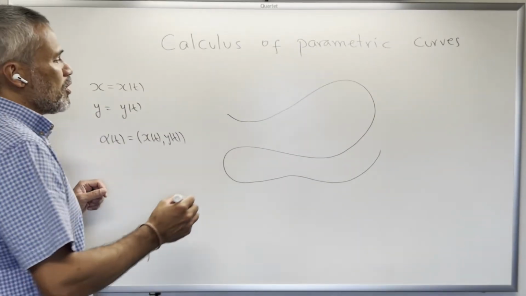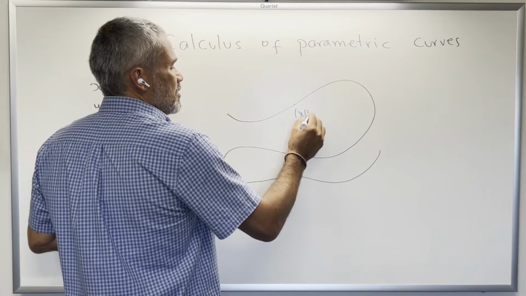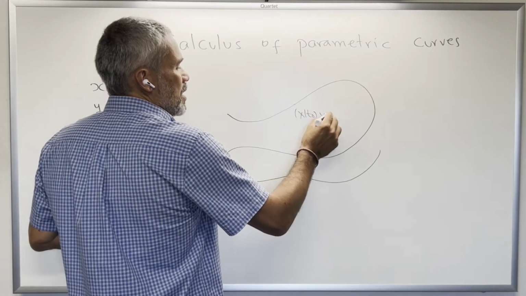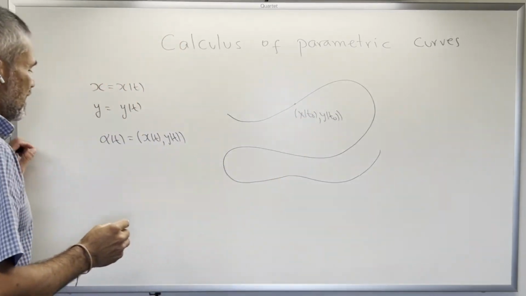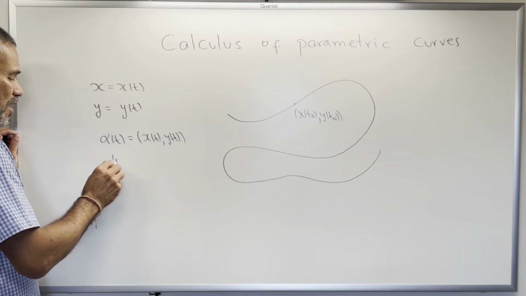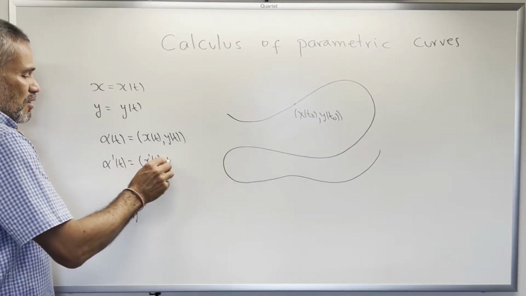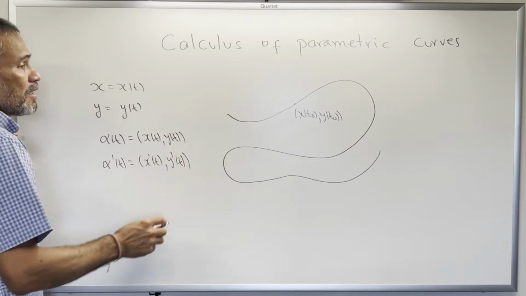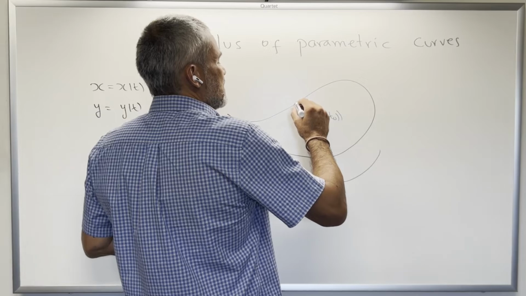If we fix a point t sub 0, let's suppose that this is x of t sub 0, y of t sub 0, then the velocity vector alpha prime of t, which is x prime of t, y prime of t, is a vector that is tangent to the curve.